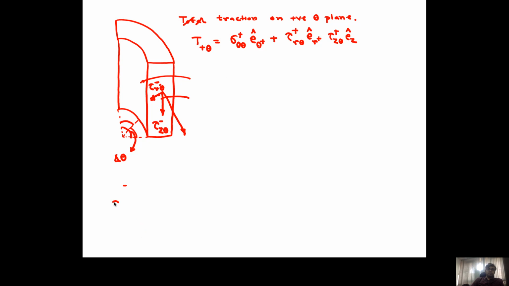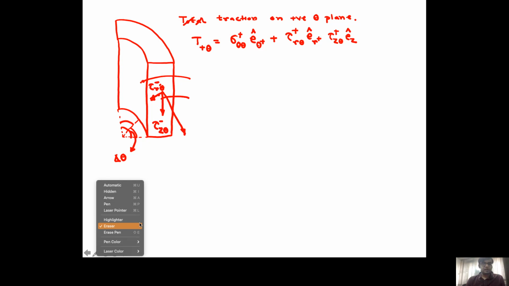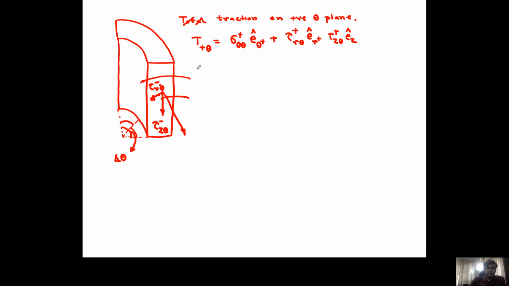And now what we will do is, I mean, we have to use Taylor series at some point, but let us first write down T of minus theta. So in similar line, traction on the negative theta plane is sigma theta theta minus E of, okay, one thing is missing here, and that is the area of the theta plane.